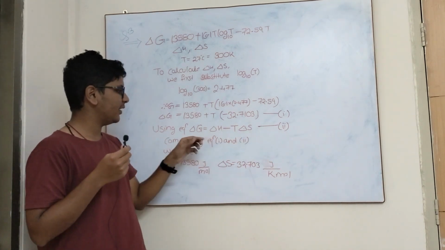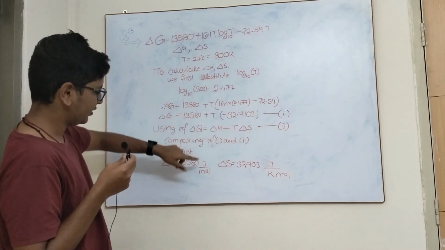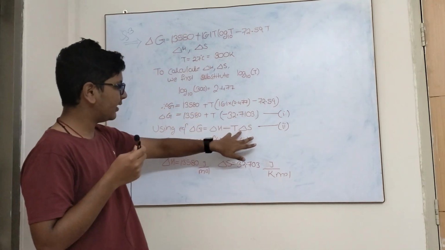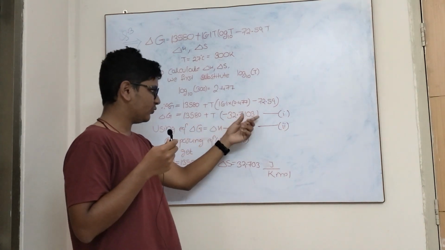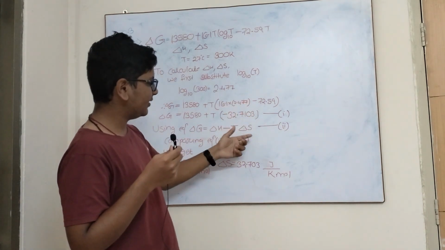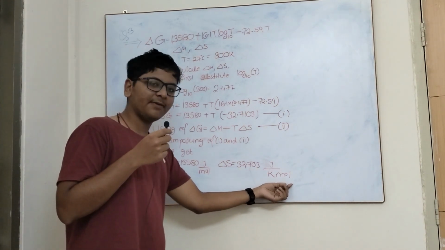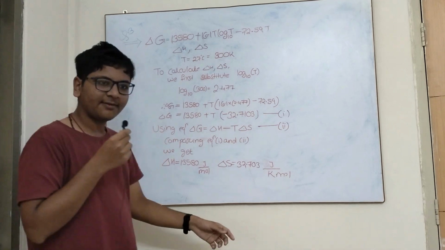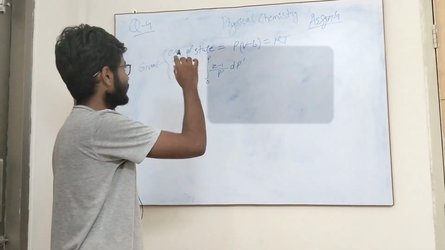Comparing equation 1 and 2, we can see delta H is equal to 13580 joule per mole, and T delta S is equal to minus 32.703 joule per mole. Which basically means delta S is equal to 32.703 joule per Kelvin mole. So we are done.